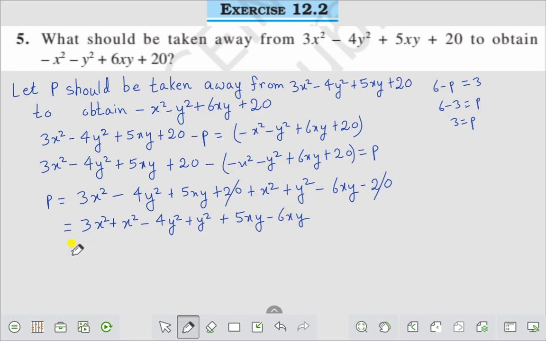Therefore, we are getting 3x square plus x square is 4x square, minus 4y square plus y square is minus 3y square, plus 5xy minus 6xy is minus xy. We are getting the value 4x square minus 3y square minus xy.